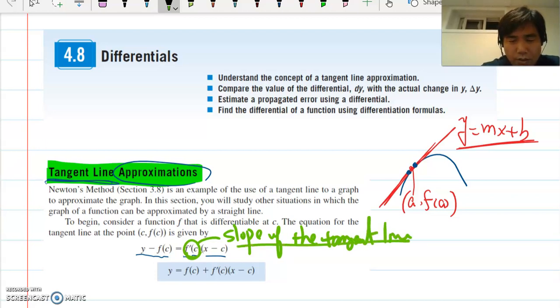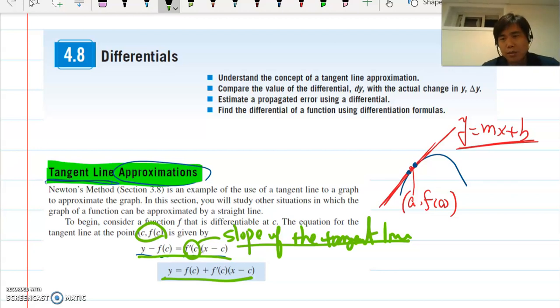So we know the slope and the point c, f(c). This formula is basically the point-slope formula. After all, you can find this formula here. Make sense? When we look at the example, it will be much more clear.